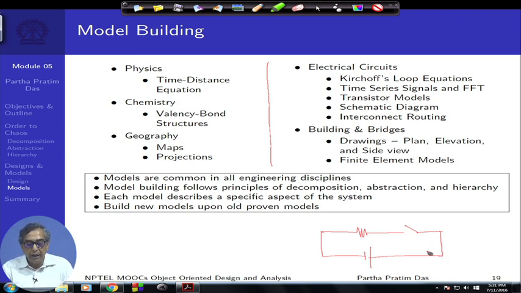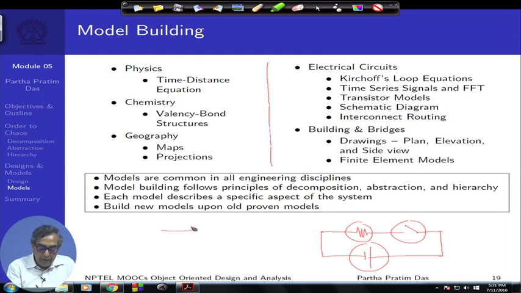This is a schematic diagram, in which this is a schematic of a resistor, this is a schematic of a switch, this is a schematic of a cell, and we can use this for solving different current voltage equations. In physical reality, this resistor will possibly look something like this, where the wires will be connected like in here.